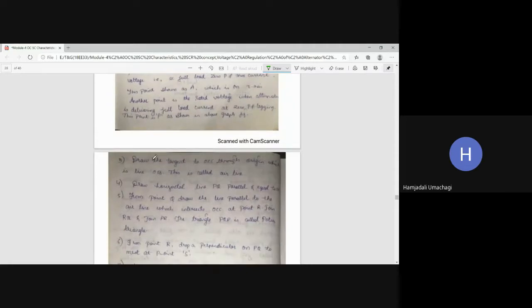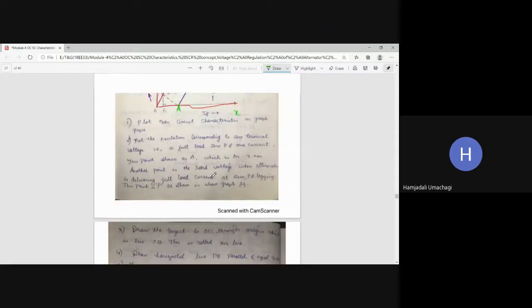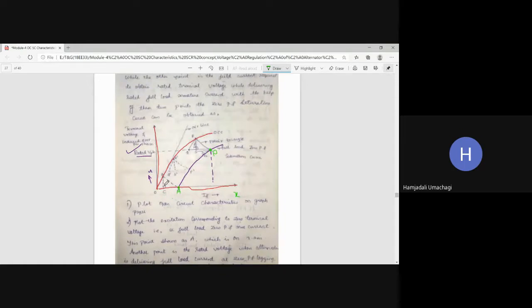Step number 3: draw the tangent to the OCC through the origin, which is line OB. This is called the air line. Now you should draw the tangent to the OCC from the origin.